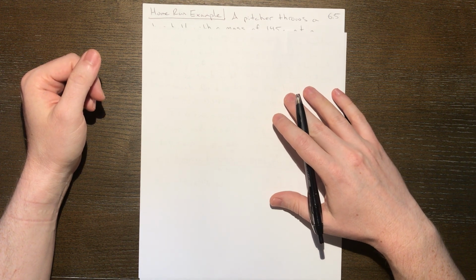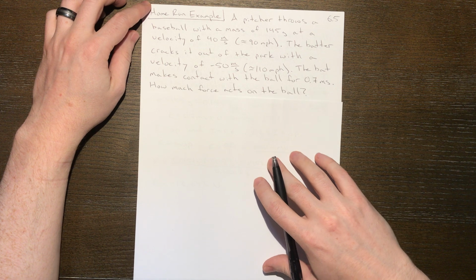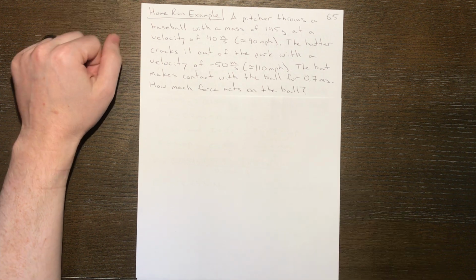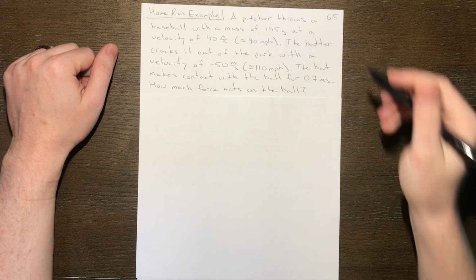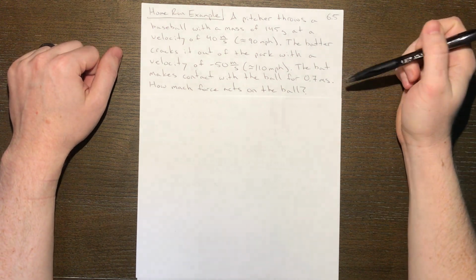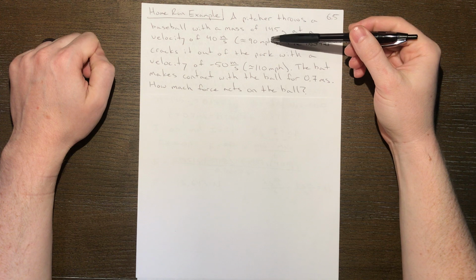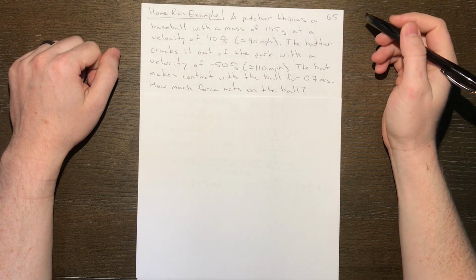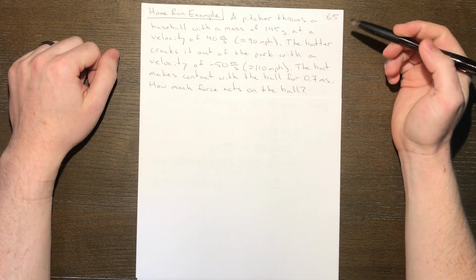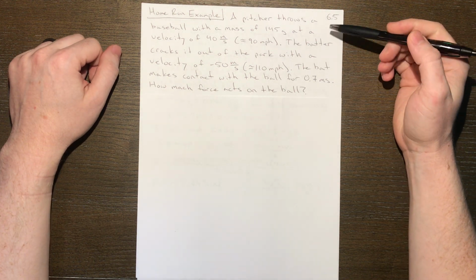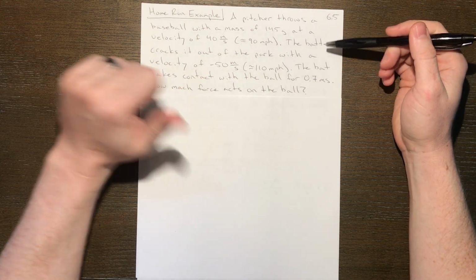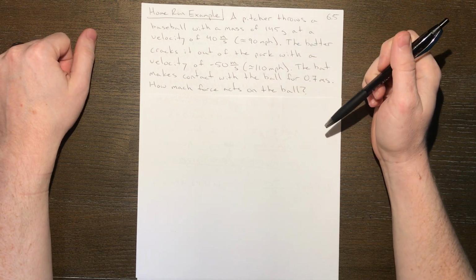So the problem reads like this. A pitcher throws a baseball with a mass of 145 grams at a velocity of 40 meters per second, which is about 90 miles per hour, pretty typical for a major league pitch. The batter cracks it out of the park with a velocity of negative 50 meters per second. It's going in the opposite direction that the pitch was thrown in.